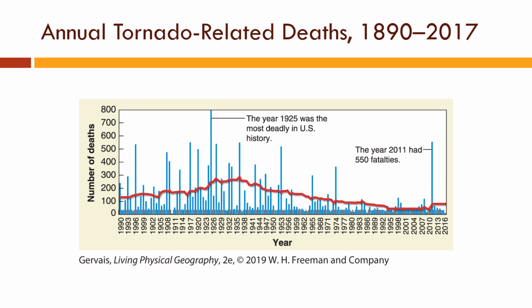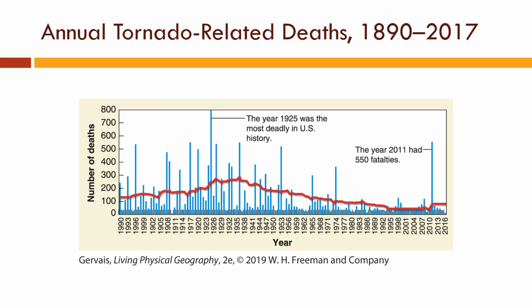This is showing our tornado-related deaths per year, not injuries, from 1890 to 2017. Since the 1930s, as a general trend, tornado-related deaths, which are indicated by the blue bars, have decreased each year. And that red line you're seeing is just showing the long-term trend. Tornado fatalities have decreased even though populations have increased.